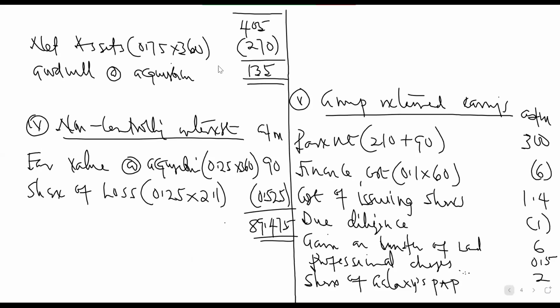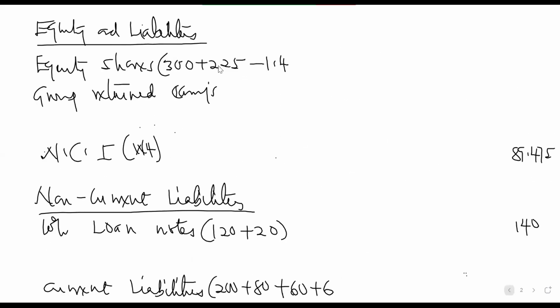Is it gain on transfer of land? Is it addition or subtraction? It's an addition. Okay, so we have the group retained earnings. Okay, there is 6 here. Okay, all right. So we have 301.325.